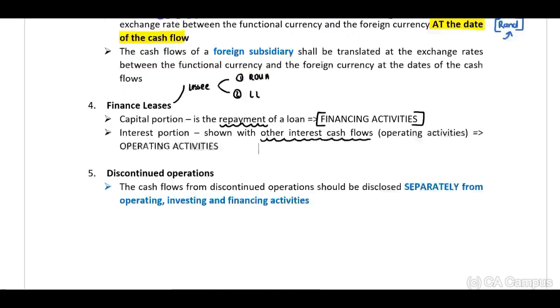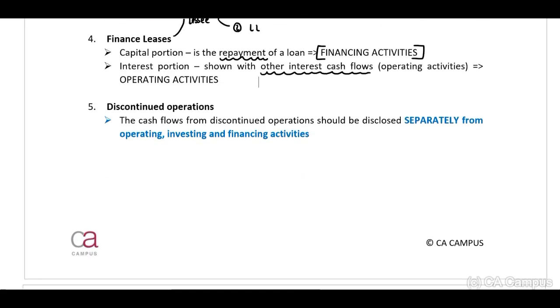Now, when we look at our discontinued operations, and remember, this will link to IFRS 5 for our level 2 students, there are two options. Option number one, when you identify in a given scenario that there is a discontinued operation, for your cash flow statement, you can include columns.